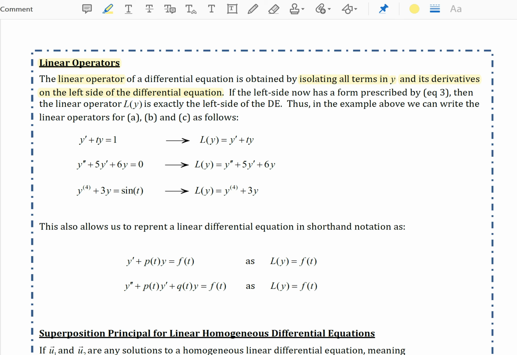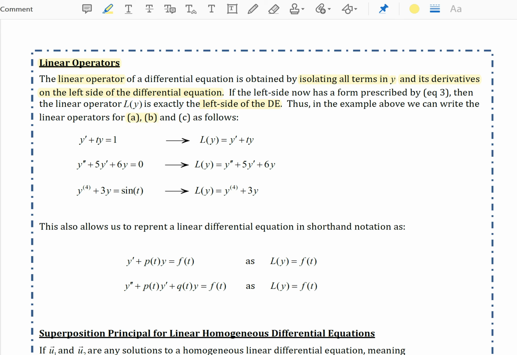If the left side now has the form prescribed by equation 3, then the linear operator is exactly the left side of the DE. Thus, in the examples above, we can write the three linear operators for A, B, and... Oh, and I said A, B, and C. I don't think I mean C.